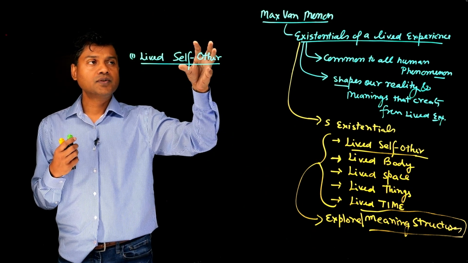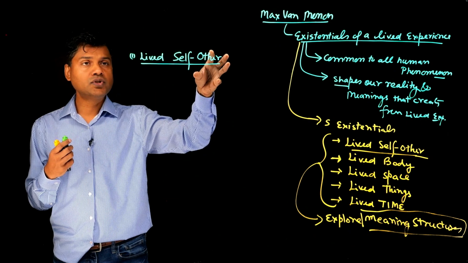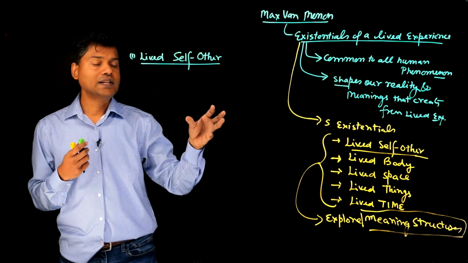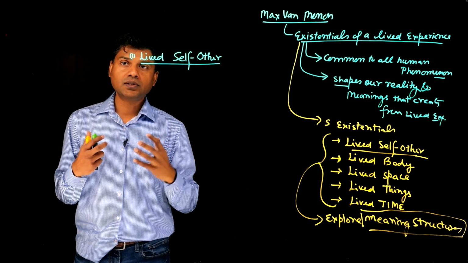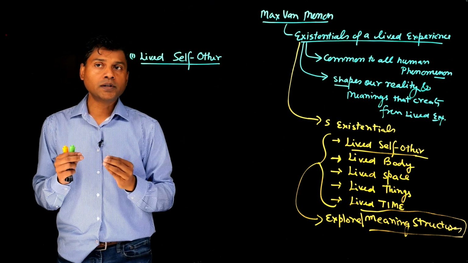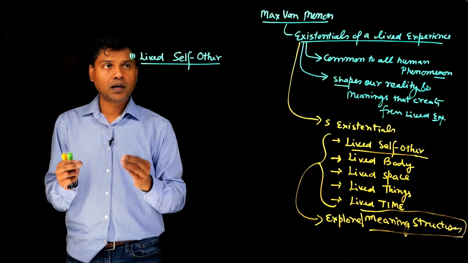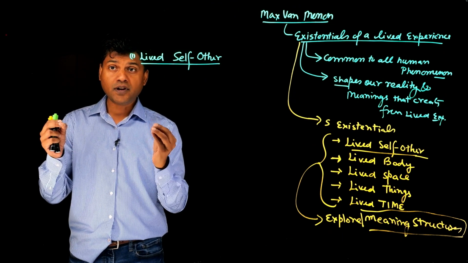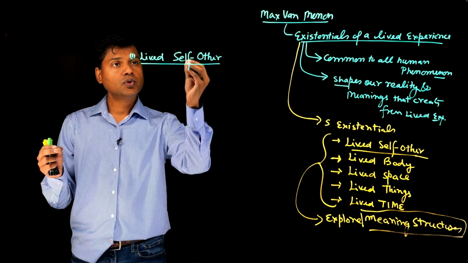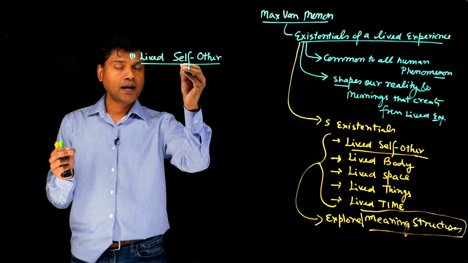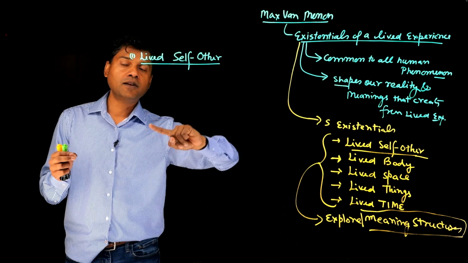The lived self-other dimension helps us understand how our research participants are living this phenomenon through self and the relationship from self to others.